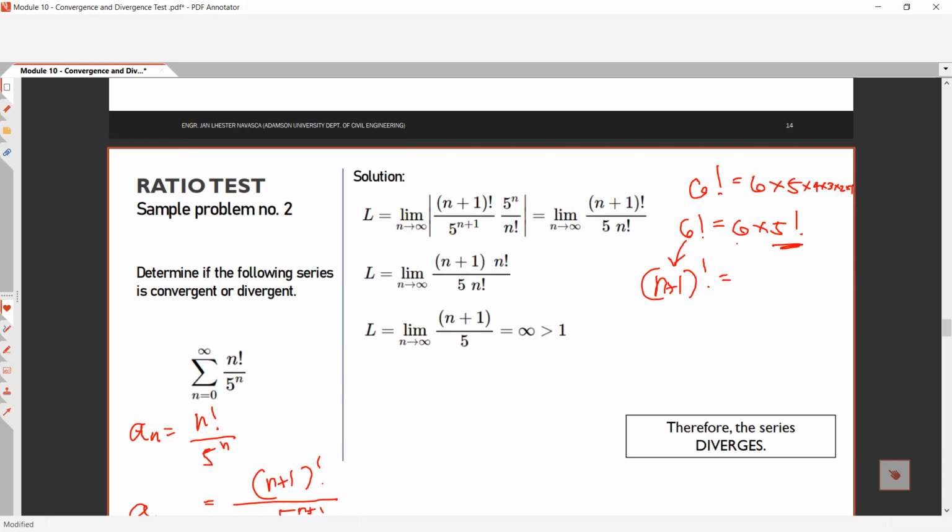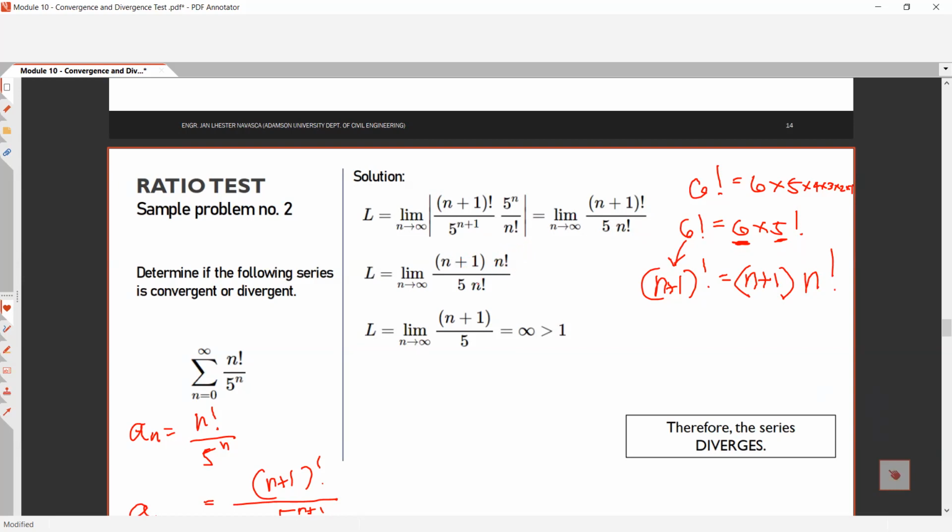Therefore your n plus 1 is equivalent to 6, and yung 5 factorial mo is equivalent to n plus 1 minus 1, so that is n factorial. Tama ba? n plus 1 multiplied by n factorial. Ginawa ko yon para ma-cancel out yung denominator na to. So therefore, your n plus 1 factorial will be n plus 1 multiplied by n factorial.